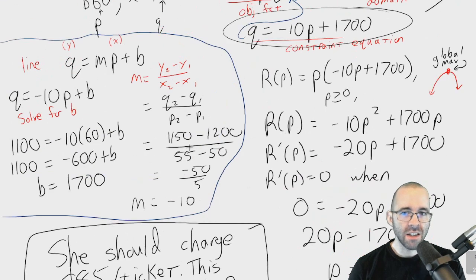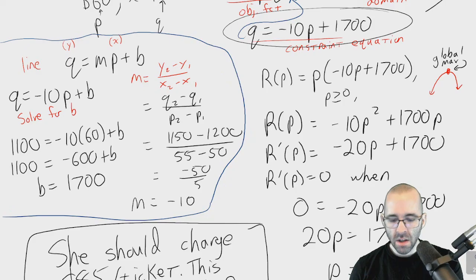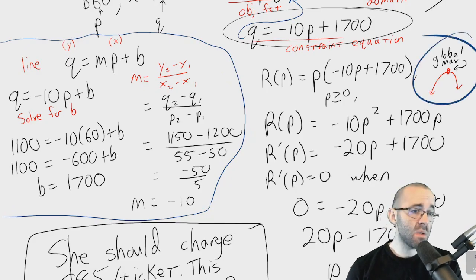Let me know if you have any questions. Hopefully these problems are getting a little easier, but you can see that each problem is a little different. This problem, finding the demand equation in this big blue area, was the hardest part, I think. Everything else is pretty similar. We found the maximum a little differently than we did before because we made use of the fact that we knew this function was a parabola. That lets us do things a little bit differently, a little simpler.